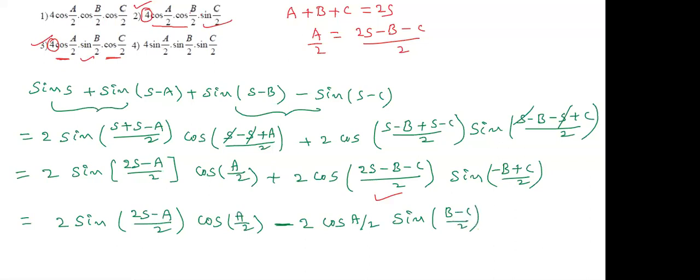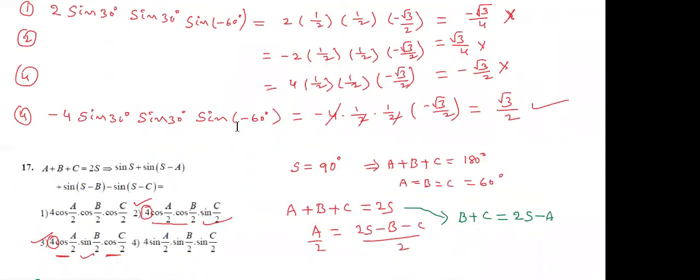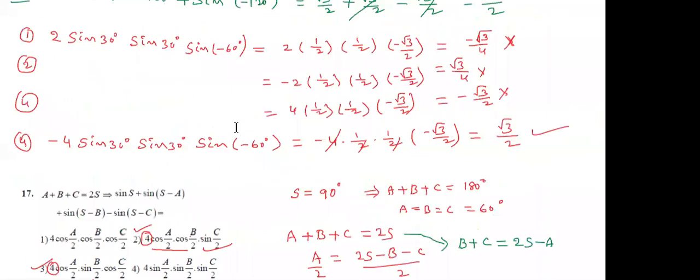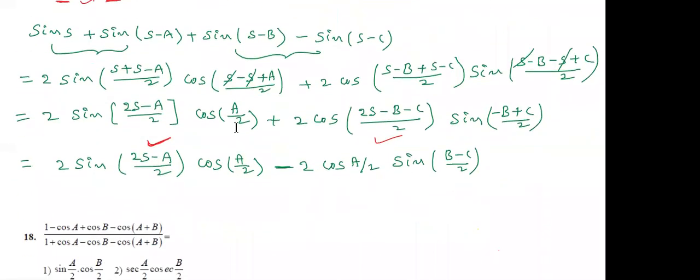Okay, and here again, what is B plus C? That is 2S minus A. Substitute here. Okay, now in both the terms, what is common, students? In both the terms, what is common? 2 cos A/2 is the common factor.